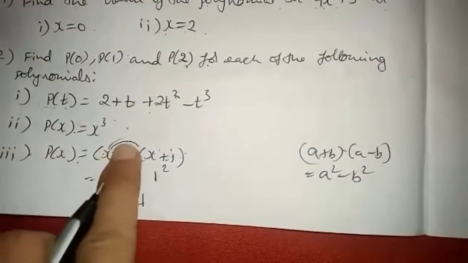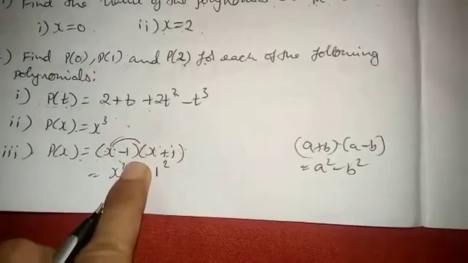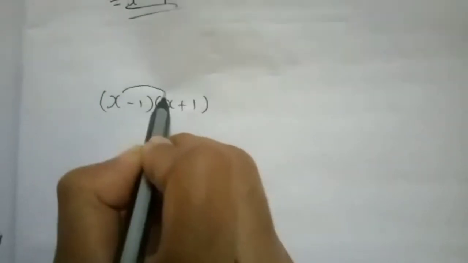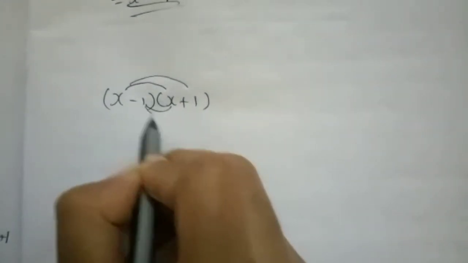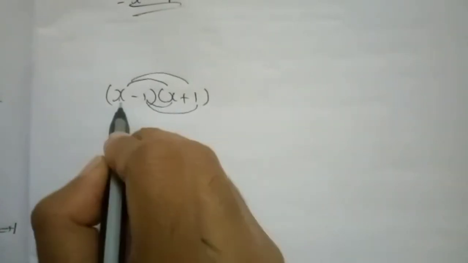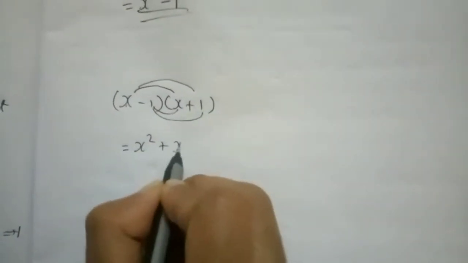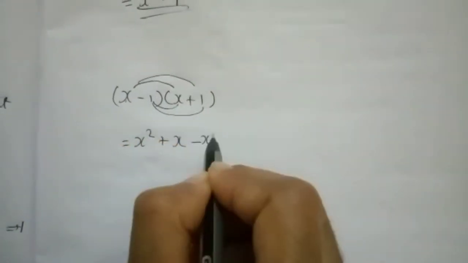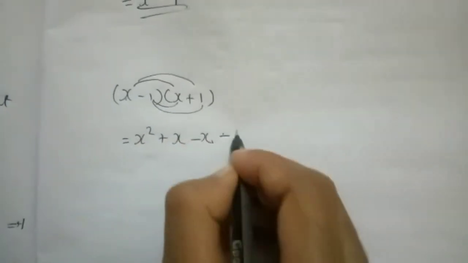Or else, what I said, how will you do this multiplication? To do the multiplication, what I have said before, you have to multiply each term to the other like this. So x into x, x square, then x into 1 is 1x, then minus 1 into x is minus x, minus 1 ones are minus 1.